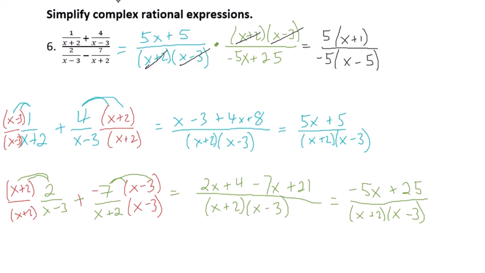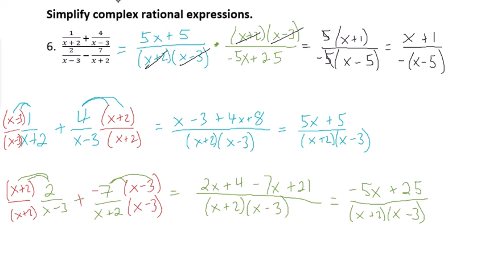And you can always check: negative 5 times x, negative 5x, negative 5 times negative 5, positive 25. Now this 5 and this 5 cancel out, and you're left with x plus 1 over a negative x minus 5.